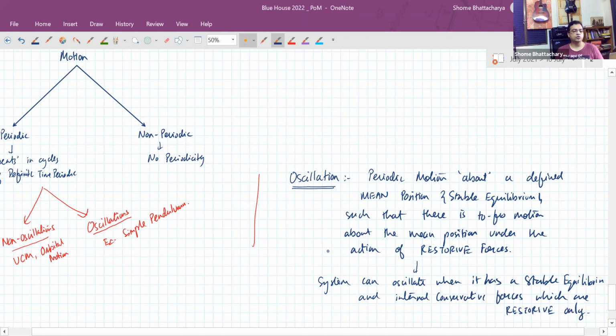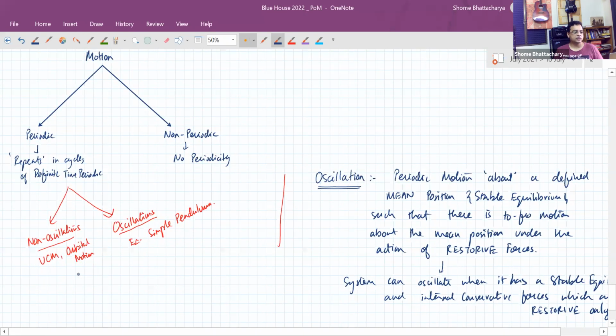There should be no non-conservative forces because otherwise that will damp the oscillation. Whereas in non-oscillation, there is no such thing.